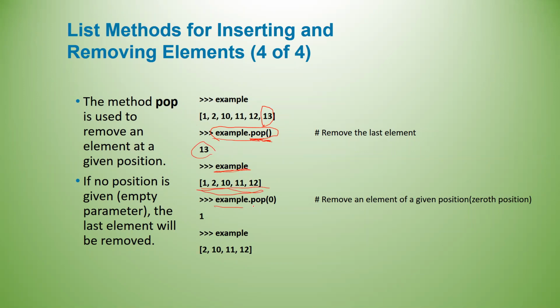And you can pop a specific element. You can say pop the element at index 0, and that's the value there at index 0. And when you look at it, it's changed. The first element is gone. Now you have 2, 10, 11, 12. Okay, that's that. Any questions, everybody?